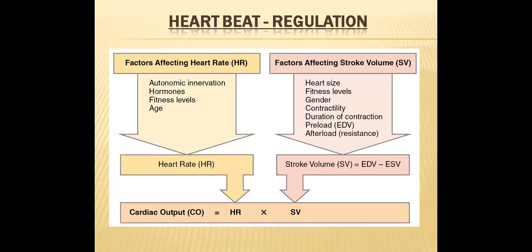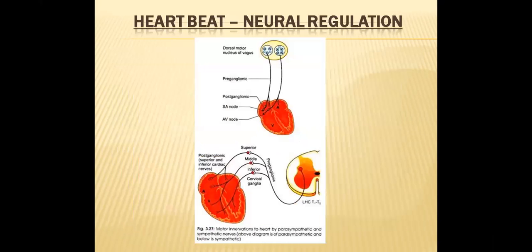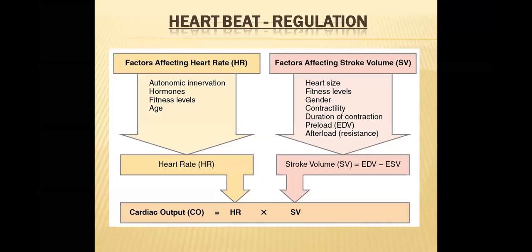Once the systole is finished, what happens? Pumping of blood out of the ventricles into these arteries is finished, and some amount of blood will still be there in the ventricles. What you have to remember at this point is that the ventricles do not pump all the blood present inside them.